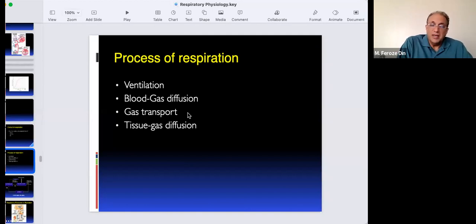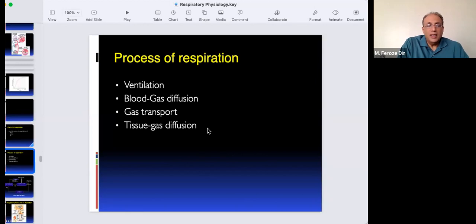As long as there is hemoglobin and the cardiovascular system is pumping the blood, gases will get transported. So our respiratory system is generally not regarded as controlling either diffusion or gas transport, and indeed tissue gas diffusion. Again, that is pure physics.